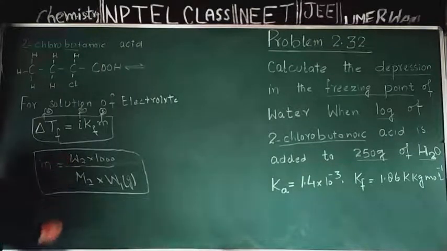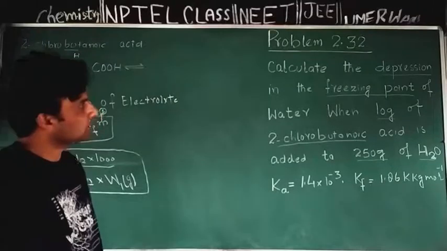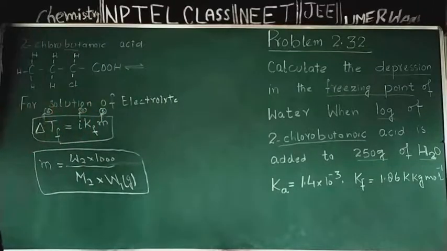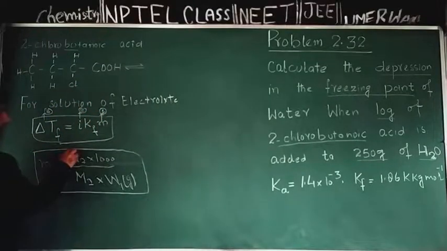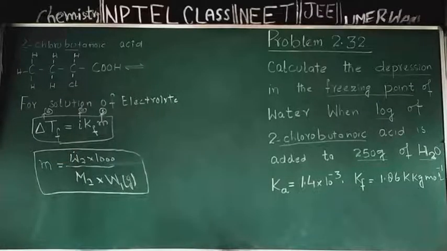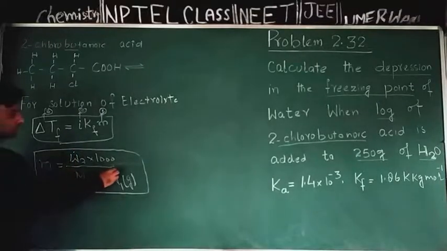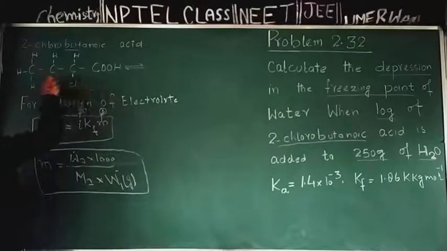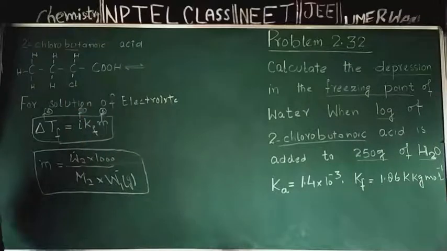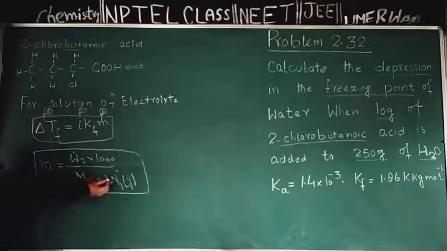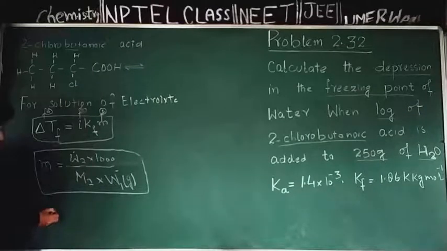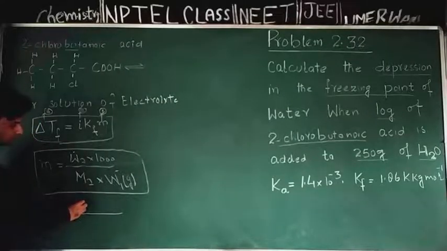Now weight of 2-chlorobutanoic acid is given, W2 is 10 gram. It is added to 250 gram of water, W1 is also given, and molecular mass of 2-chlorobutanoic acid is 122.5. So on RHS all the parameters are known to me. Calculation of molality is easy. Simple substitution and mathematical calculation.